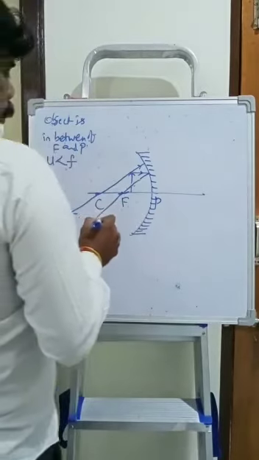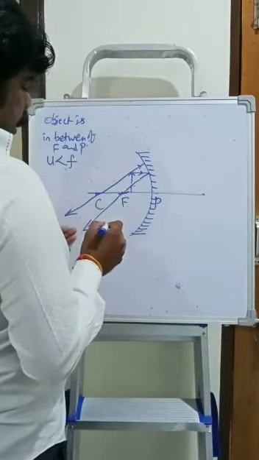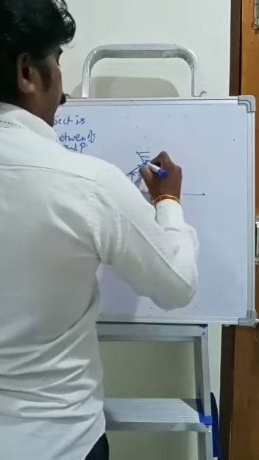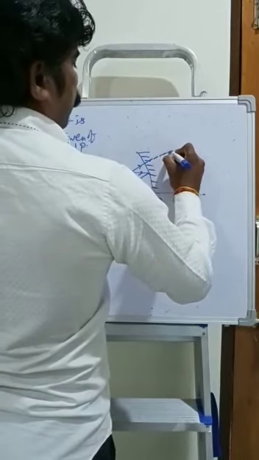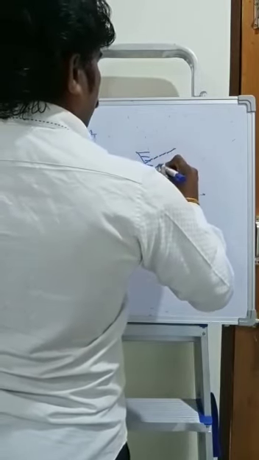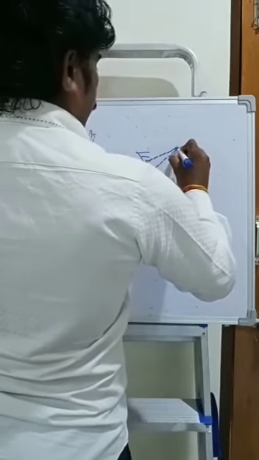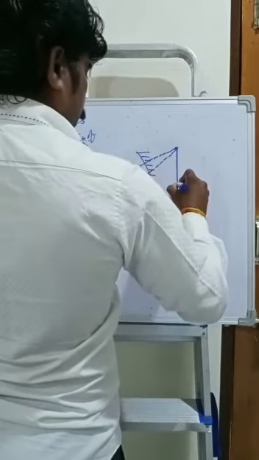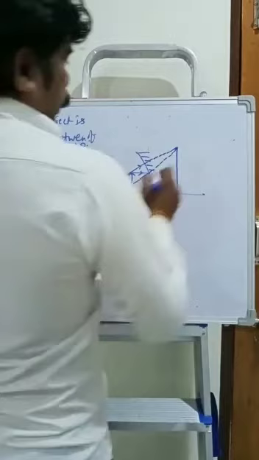The reflected rays look like they diverge after reflection, but when you extend back these two reflected rays, they converge at a certain point.